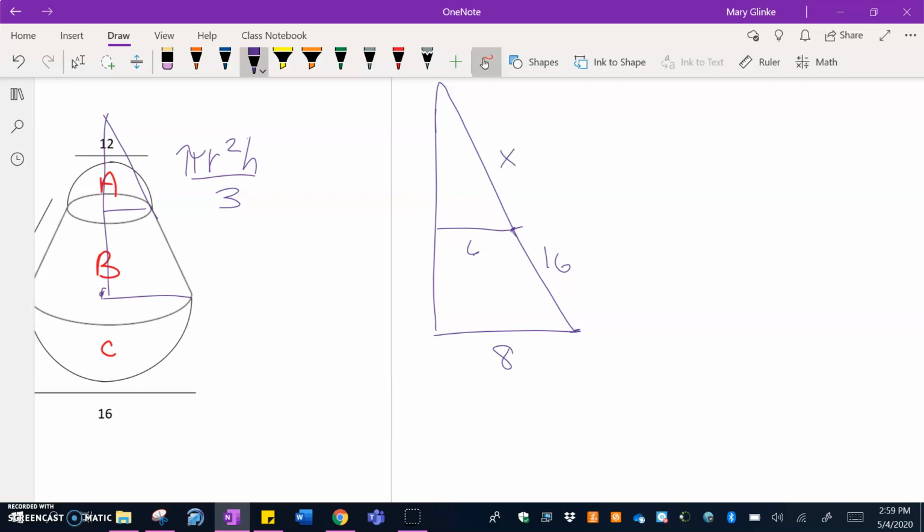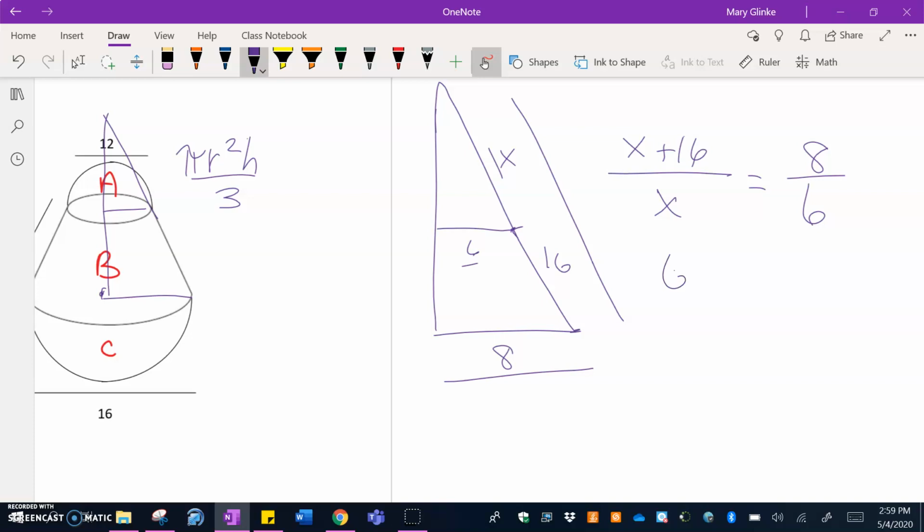If this is x, we can do x plus 16, this entire side, compared to the corresponding part in the smaller triangle, which is just x, equals the larger one, which is 8, to the corresponding one in the smaller triangle, which is 6. Then we can cross multiply. We get 6x plus 96 equals 8x.